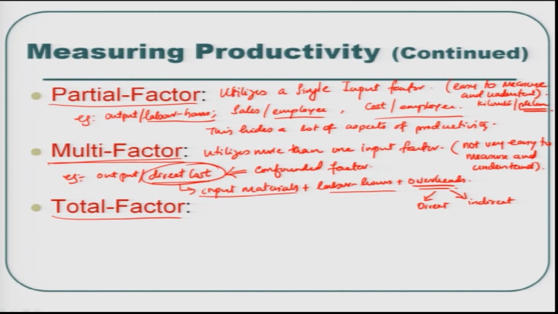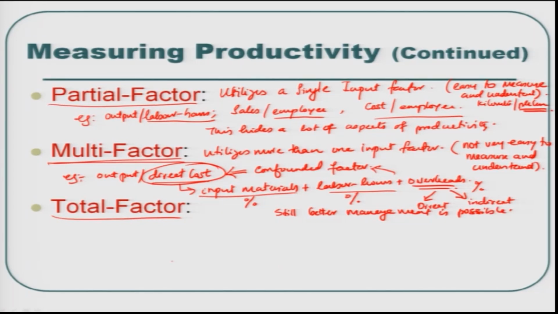So we have to find out what percentage of it is input material, what percentage is labor hours, what percentage is overheads, or what is the contribution of these factors put together to this confounded factor. That's why it is sometimes not very conducive to do that. Okay. But still, better management is possible if you have multi-factor productivity.